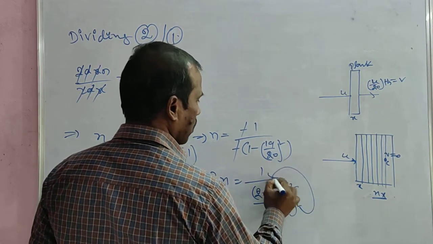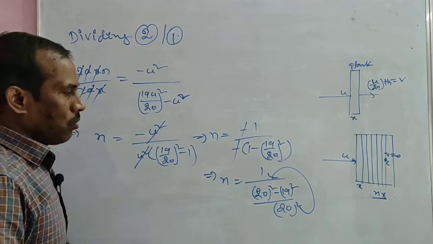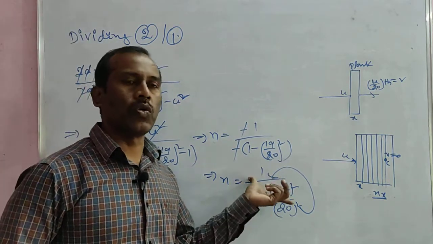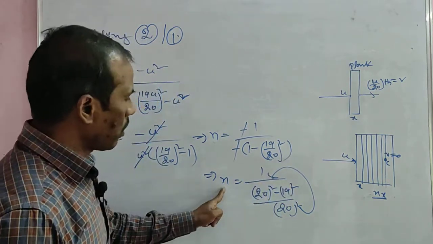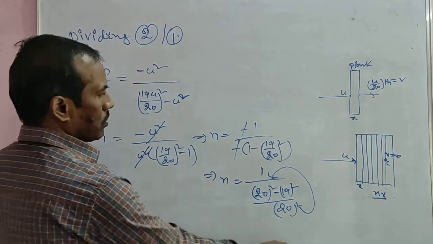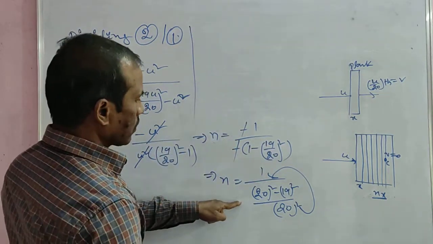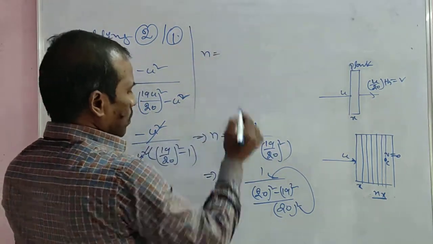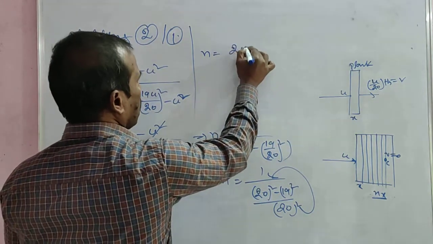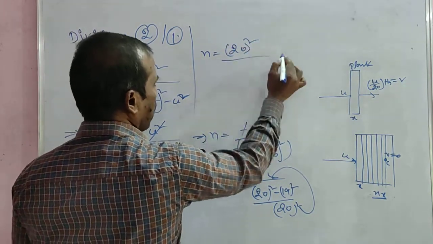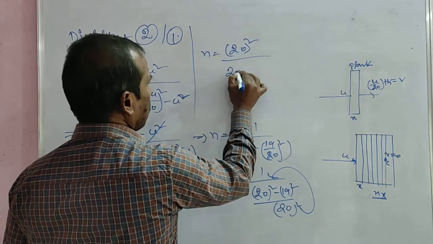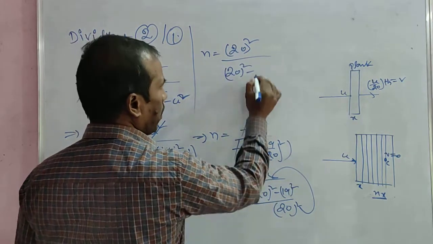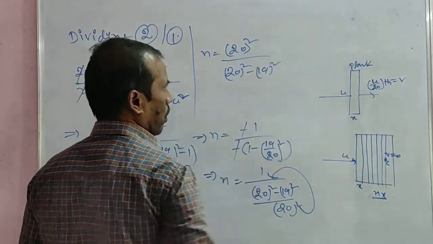So this is the numerator, here the denominator, so the number of planks n is equal to 20 square by 20 square minus 19 square.